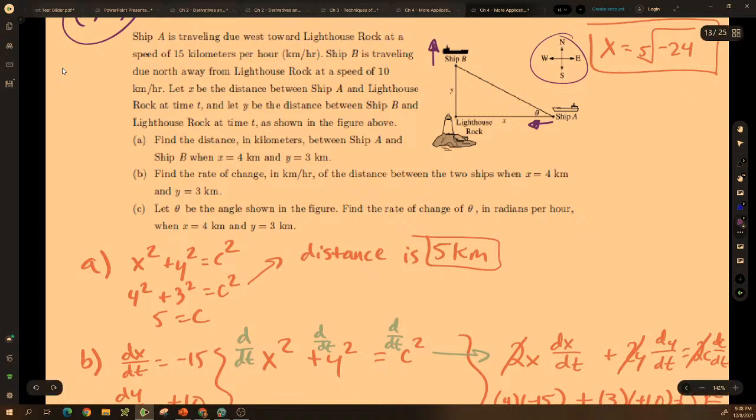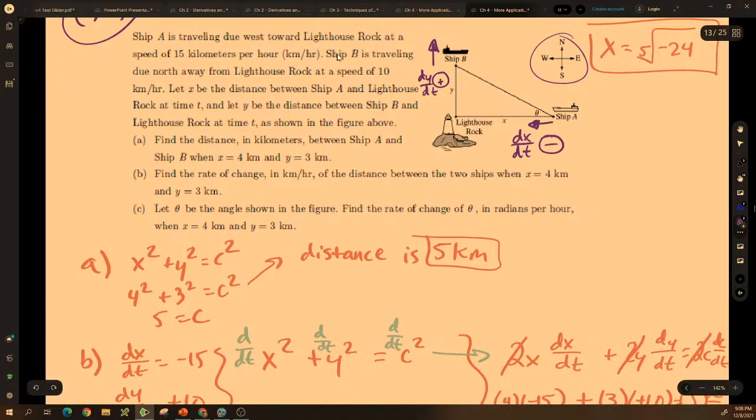So what that means is we need to be careful with that, is that means that x is getting smaller, right? So like dx dt, ship A is getting closer to the lighthouse. So this distance of x is going to be getting smaller. Whereas ship B is going up, it's getting further away from the lighthouse. So I know dy dt will be positive just looking at the picture. And that's a nice way for me to check my answer later.